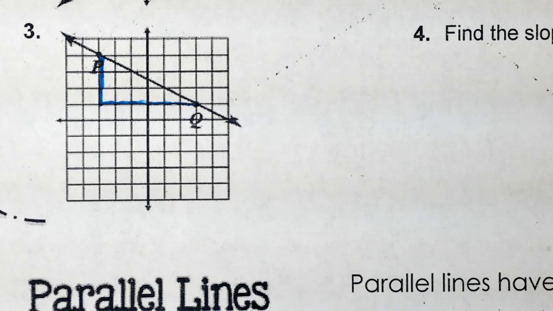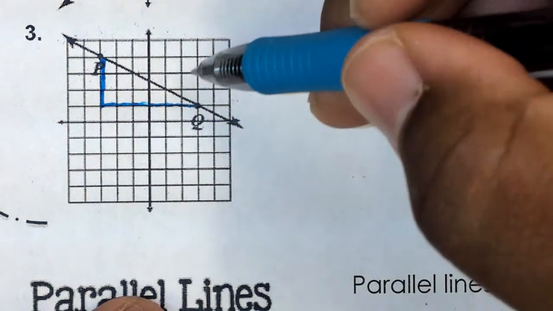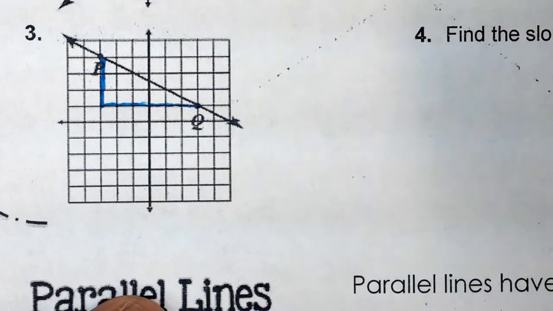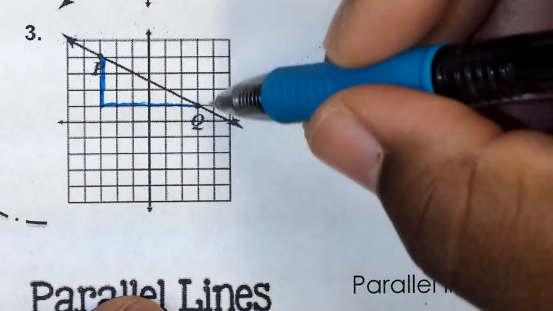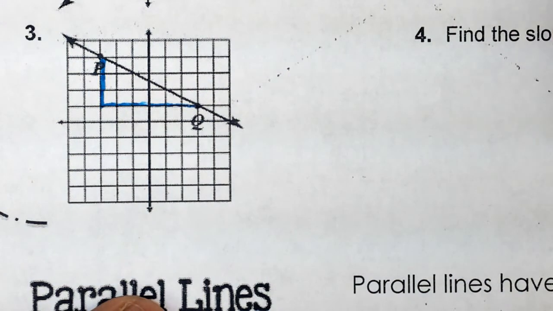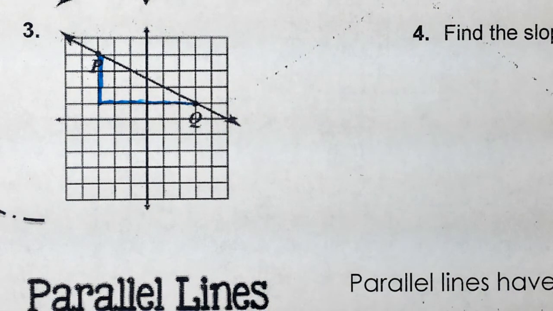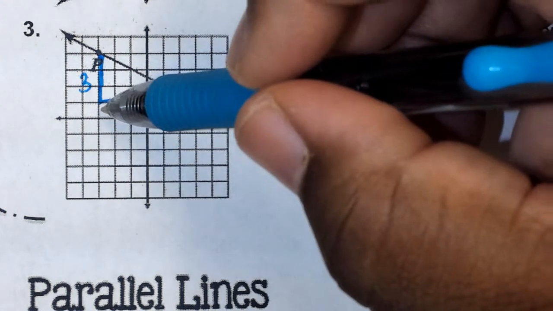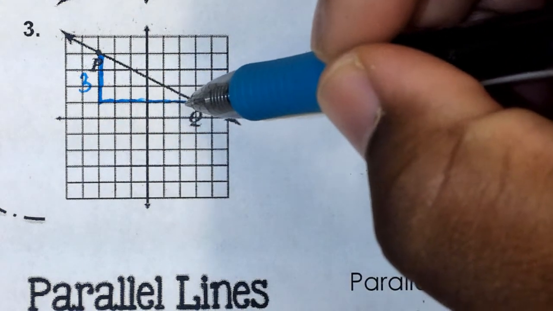If you wanted to, you could draw your triangle on top. It's not going to matter. And then mine this way just because of the situation. I'll tell you why I did mine that way. So on this one, my vertical change on my rise was 3. My horizontal change is 1, 2, 3, 4, 5, 6.